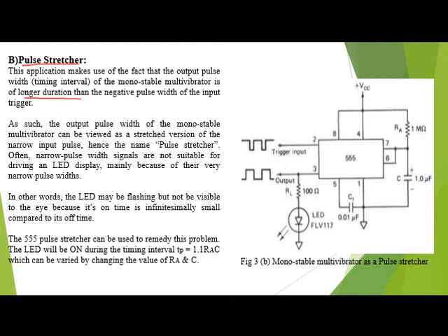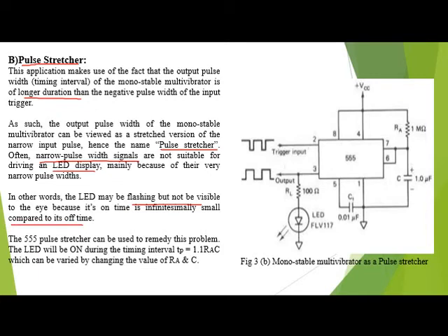Hence the name pulse stretcher. Often a narrow pulse width signal is not suitable for driving an LED display, because of the very narrow pulse width. In other words, the LED may be flashed but not visible to the eye because its on time is very small compared to the off time.